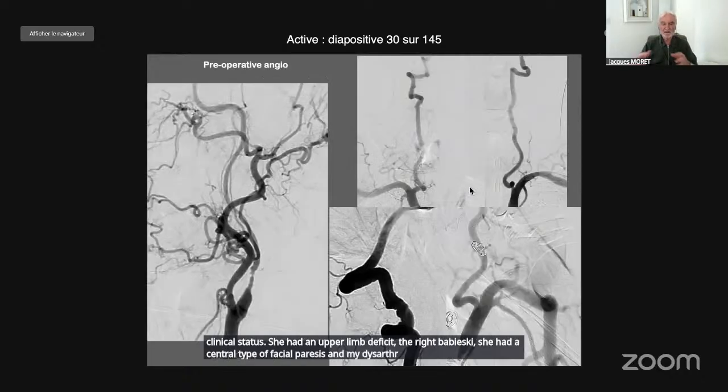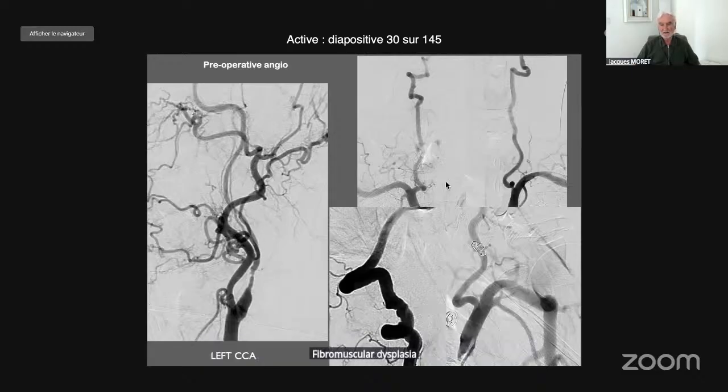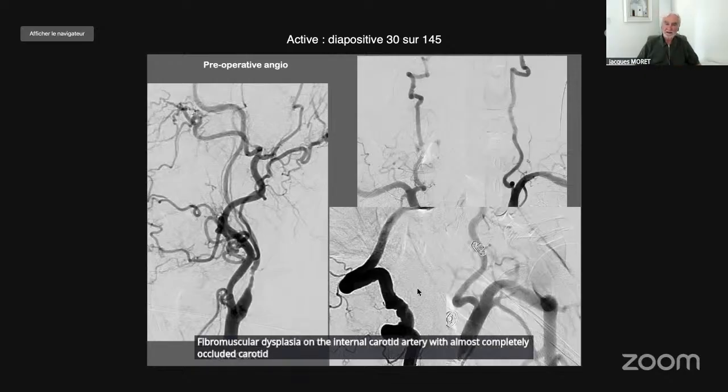The problem is, when we did the angiogram, we found that she had also fibromuscular dysplasia on the internal carotid artery with almost completely occluded carotid artery. And by the way, the vertebrae are not so well, but they are patent.